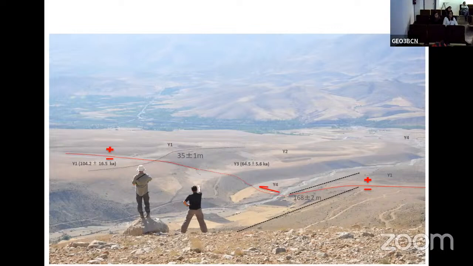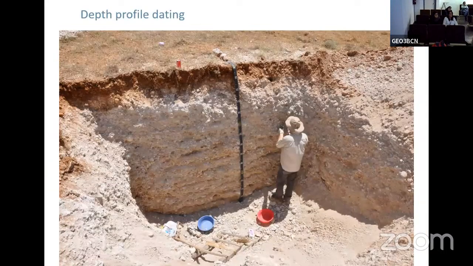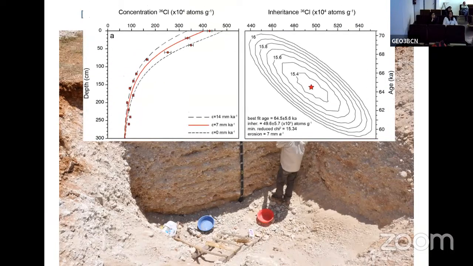We obtained this by doing a depth profile. This is not surface dating. It is the contrary. It is the depth profile. You sample several samples, like here, with an interval of, say, 20 centimeters.